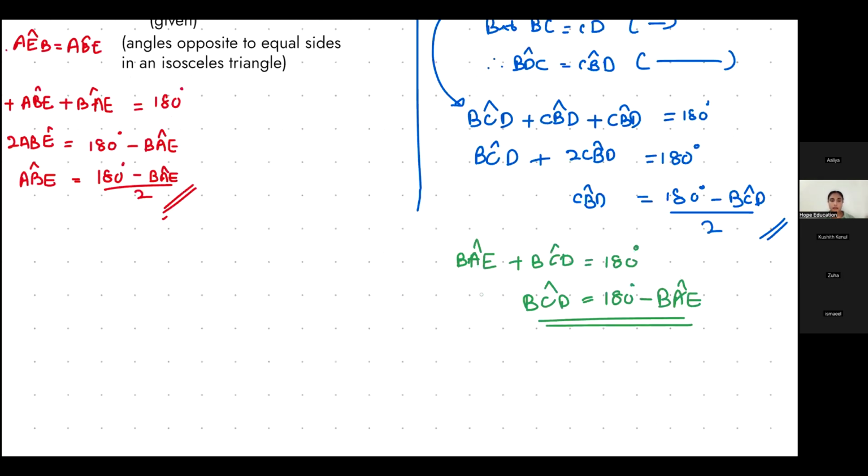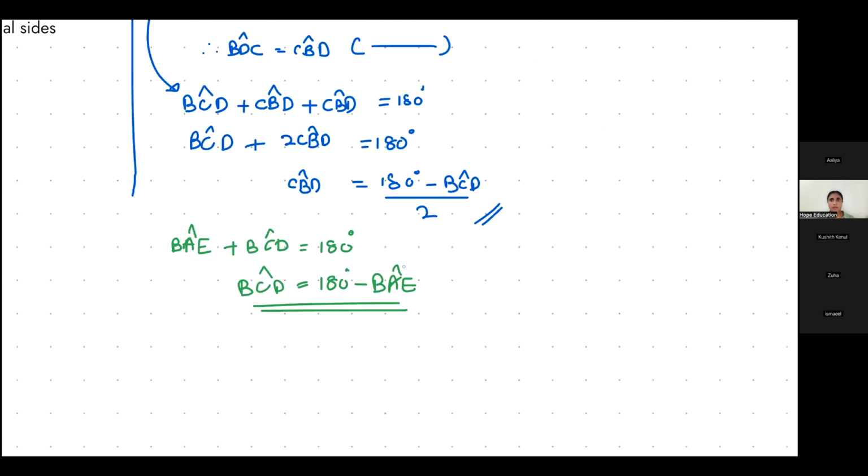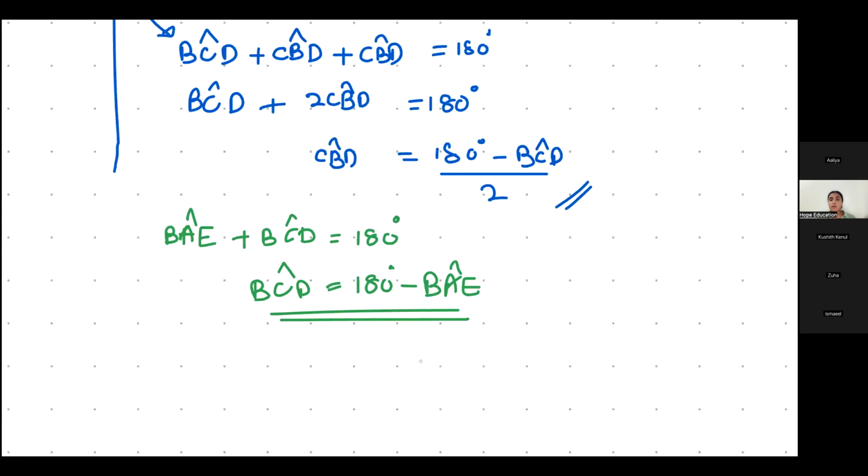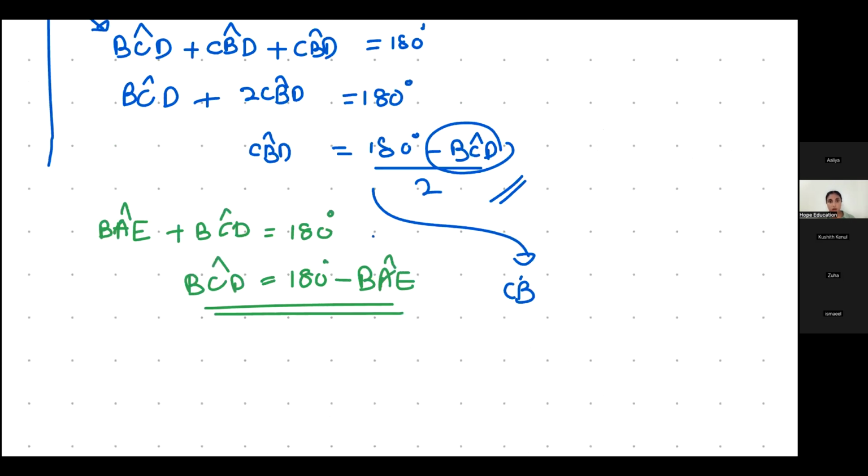So here, in this case, instead of BCD I can write 180 minus BAE, right? So I can write that itself. You will see what I'm trying to get to.